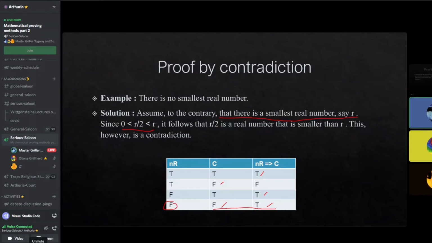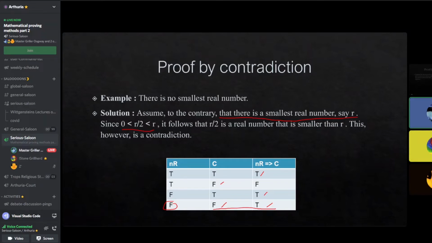It's very straightforward, nothing very complex, and I hope that this is understood. If someone has questions, they can always ask. But this is the general presentation of what is occurring here. So the contradiction is that R is and isn't the smallest number.